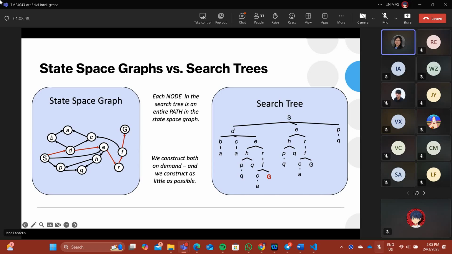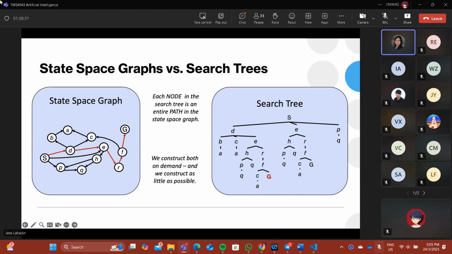You find your G. If you move from left to right, you will meet G using this branch, following this branch on the left.